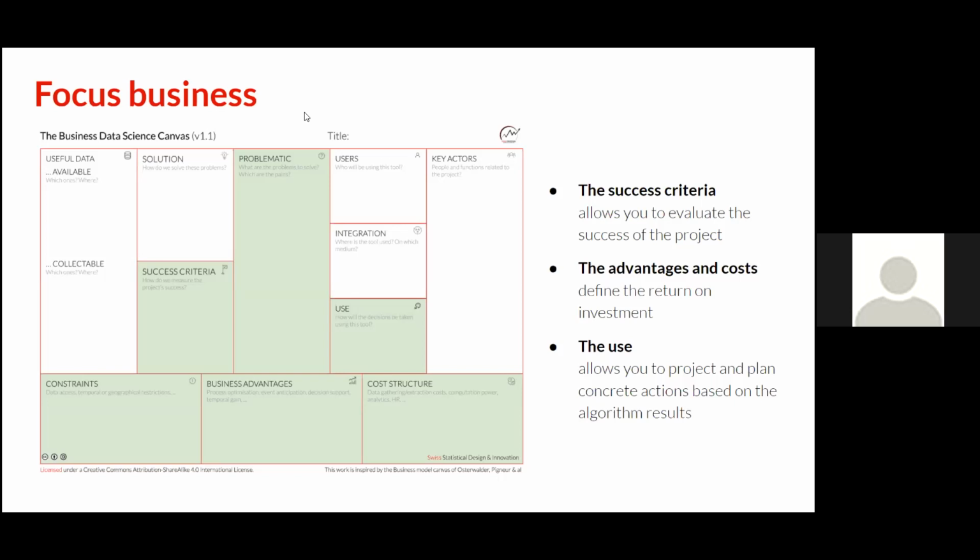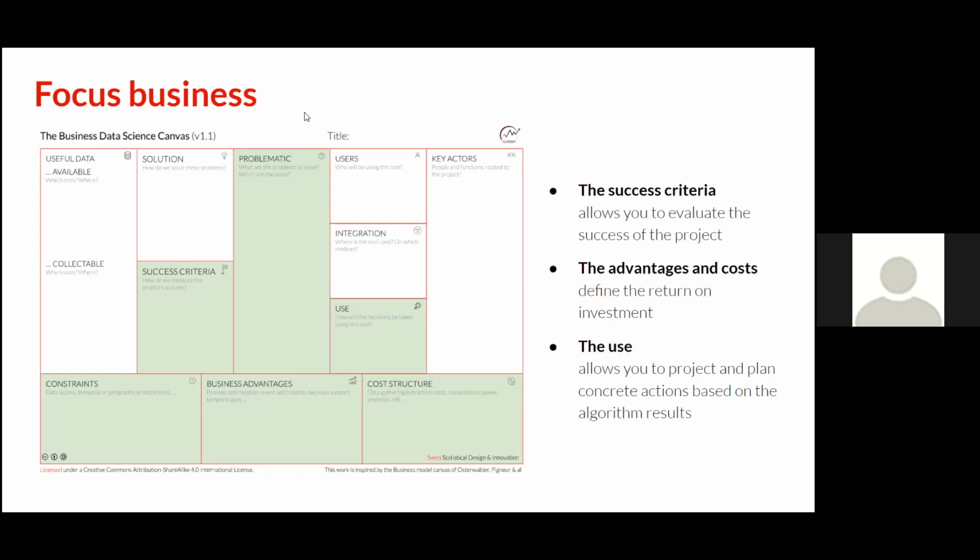So here it's really the cornerstone. And if you want a more in-depth analysis, then the bottom part talks about the return on investment. The presentation from Mercedes before went in great depth there, but you have the business advantages and you have the cost structure that you have to manage.